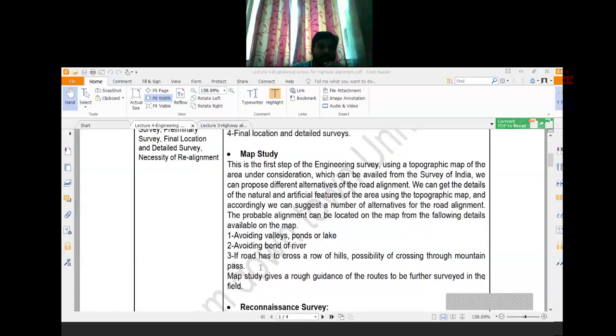Then, avoiding bends of the river. Why avoid the bend in the river? Because it is impractical to construct a bridge at a bend of the river. At a bend, erosion may take place and the river may change its path. Therefore it is always advisable to avoid any bend in the river.